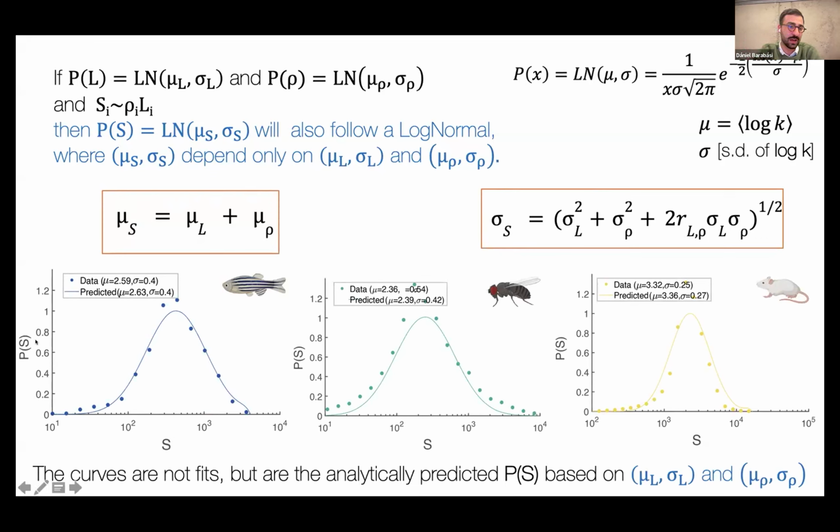So the synapse distribution for zebrafish, for the fly, and the mouse seems almost perfectly captured; it looks like you actually fitted the data, but it's the analytical prediction that we make from the length distribution that we were able to predict from this growth process. So we're able to go from growth to length distribution to synapse distribution.